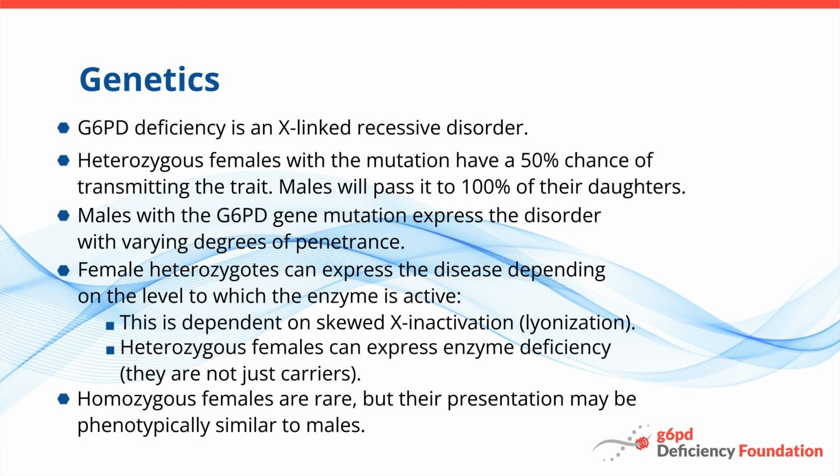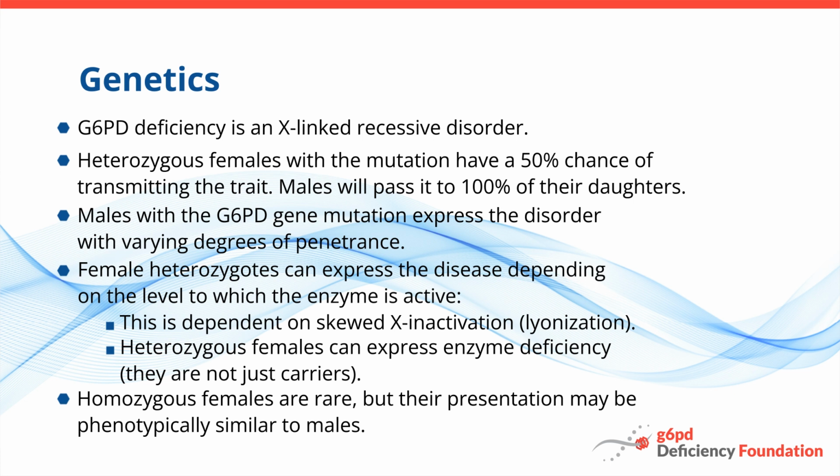Those daughters who receive the affected X chromosome from their mother may express the disease depending upon their respective level of X inactivation if the other X chromosome is normal. Lionization is the term used to describe X inactivation. Essentially, when lionization applies, the affected X is active in some cells, and in other cells, the affected X is turned off and is thus inactive.